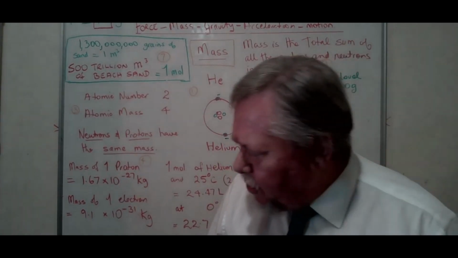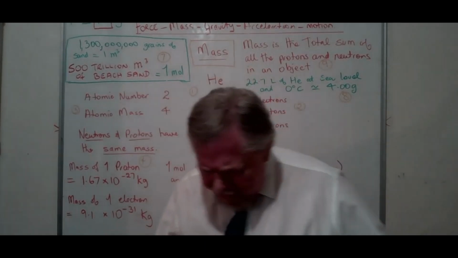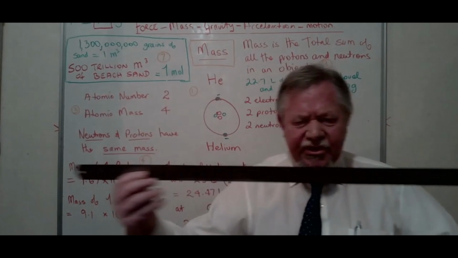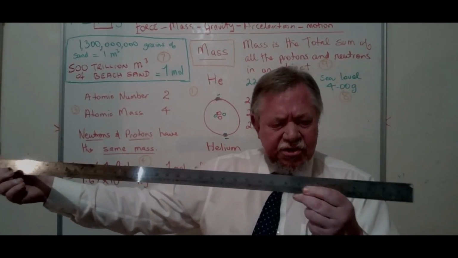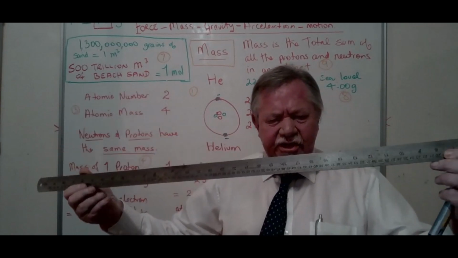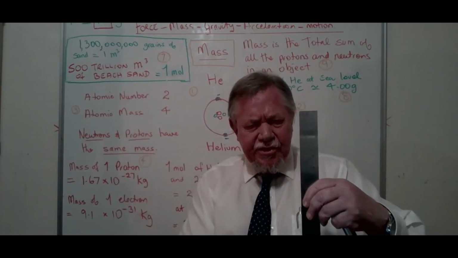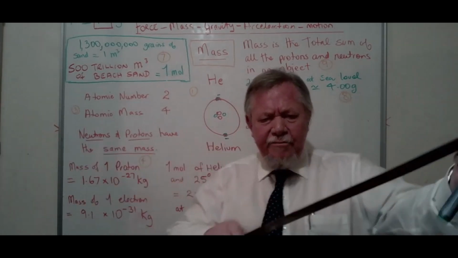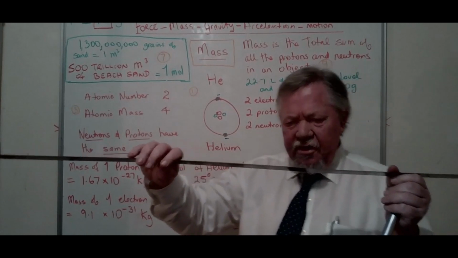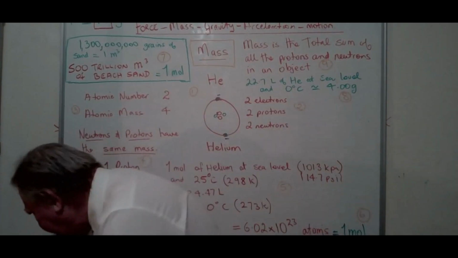So think about 1 cubic meter. What's a cubic meter? What have I got here? There it is. That's a ruler. I can't even get it across the screen. There it is. You can see most of it like this. This is a ruler, that's a meter. So it's a meter like this, a meter like that, and then a meter like that. So think about a block like this, a meter, and a meter down. That's a cubic meter.